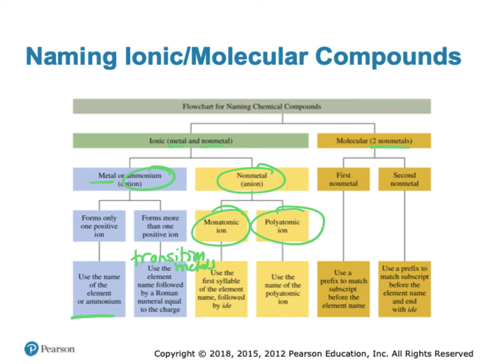In a molecular compound, again, you have two nonmetals. For the first nonmetal, you're going to use the element name and indicate any prefix to match the subscript. For the second nonmetal, you will use the first syllable and end with "ide," and be sure to have any prefix to match the subscript.